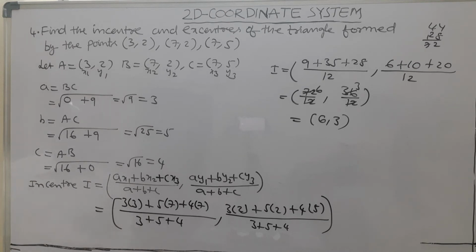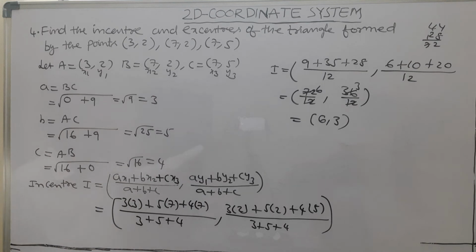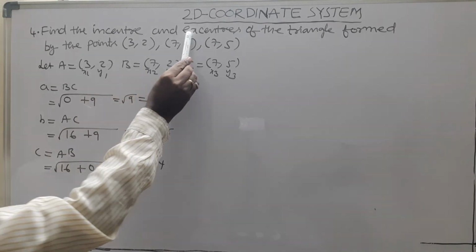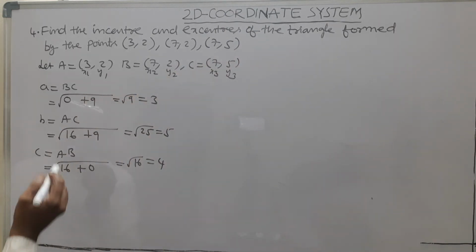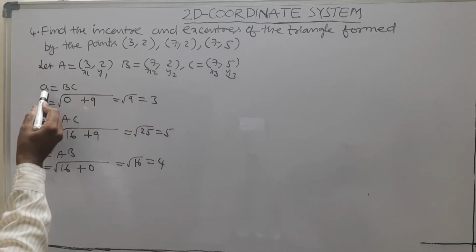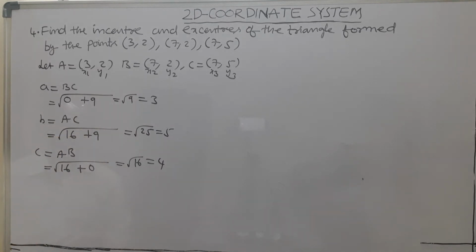And also in this problem find the excenters. This is the same question, to find excenters. Here a, b, c values are given in the problem. Already find small a value, small b value and small c value. Then apply the formula I1.